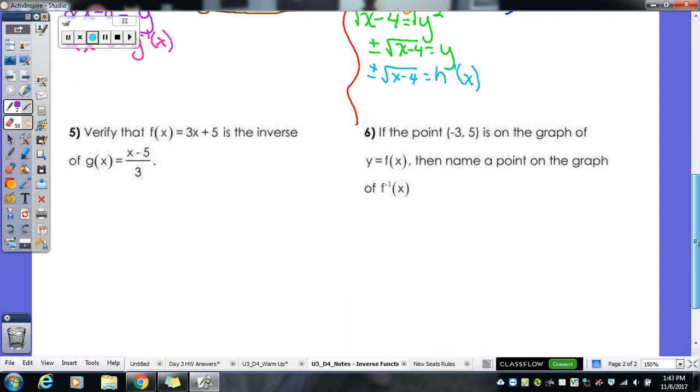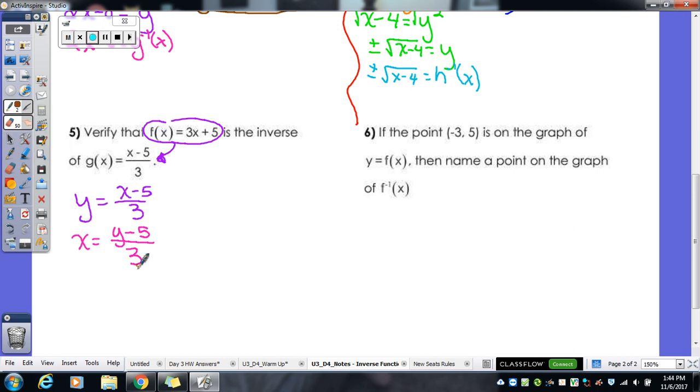Alright, 2 more questions. 5, verify that f of x equals 3x plus 5 is the inverse of g of x equals x minus 5 over 3. So to prove that this is the inverse of this one, I'm actually going to take this one and go through the steps to find its inverse. So first I put my y in there, and then I switch my x and my y, so it's now x equals.